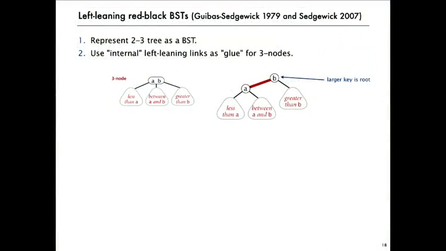The larger of the 2 nodes in the 3 node will always be the root of a little binary search tree of size 2 for the 3 node. And the left link that links the larger key to the smaller one, we'll color red, to distinguish those links from the other links in the binary tree, so that when we're inserting things we can tell which nodes belong to 3 nodes and which ones don't.